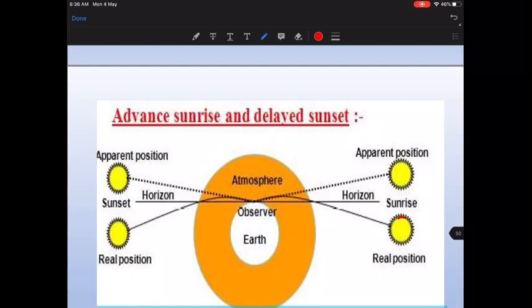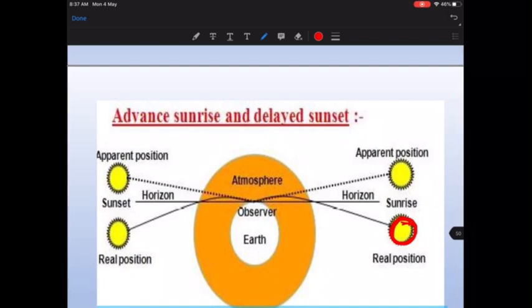This diagram. Yeah, okay. So the sun's true position is this. This is the real position. I'm explaining this at the time of the sunset.